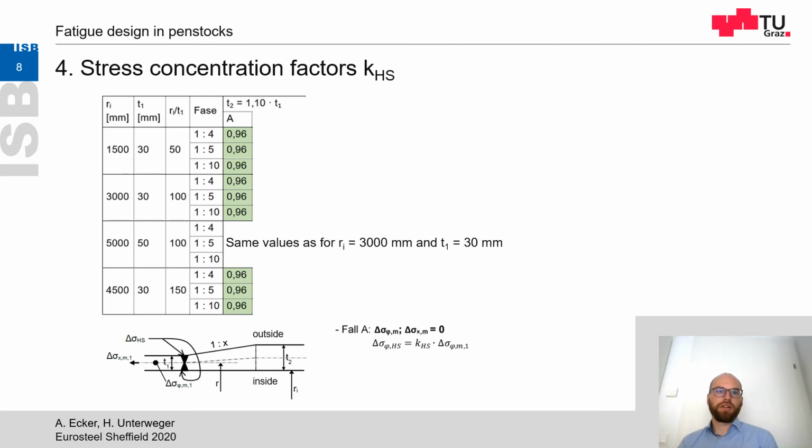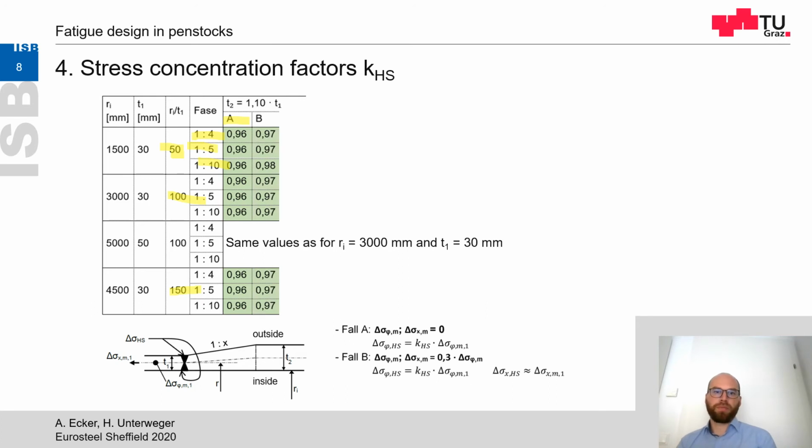So with the analytical solution, which delivers nearly the same results as the numerical calculation, stress concentration factors for different R/T ratios and for different bevel inclinations and for the three different load cases A, B and C can be determined.